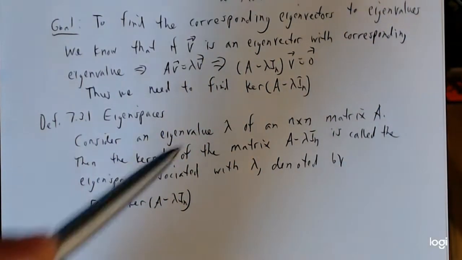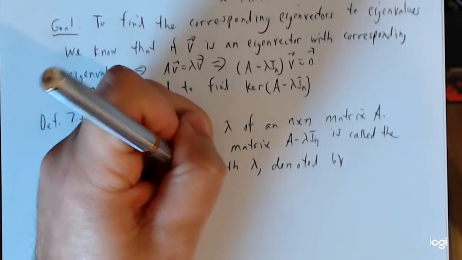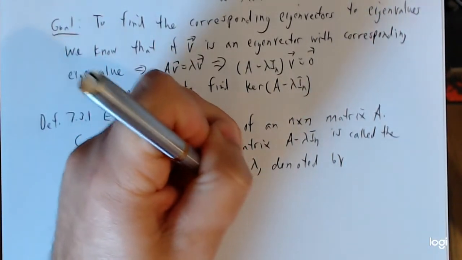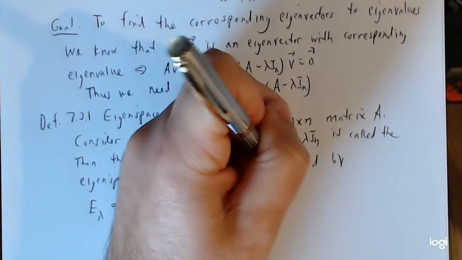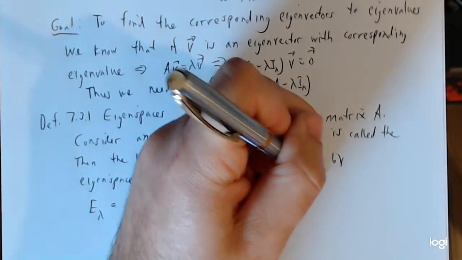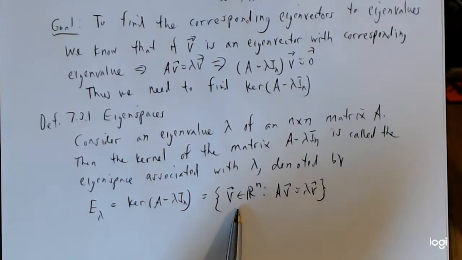In other words, this is the set of all vectors V in Rn such that AV equals lambda V, and that's what we're going after. But this is per eigenvalue.